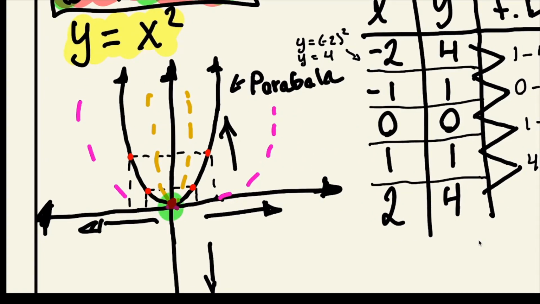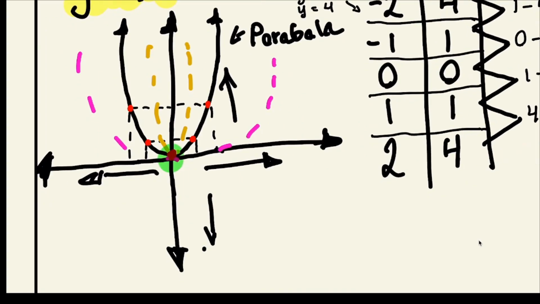That is called the vertex of your parabola, right? And the vertex is basically where the turning point is. That's the turning point, and it's your maximum or minimum value.